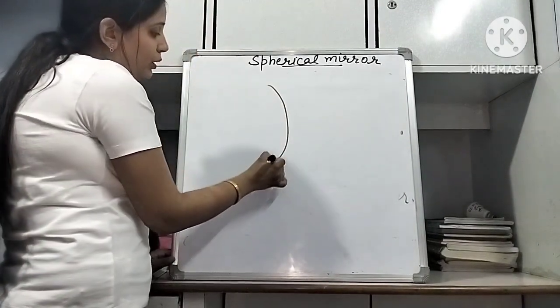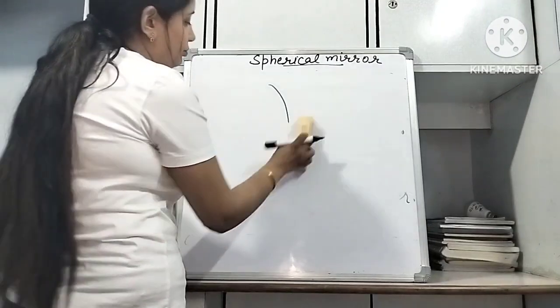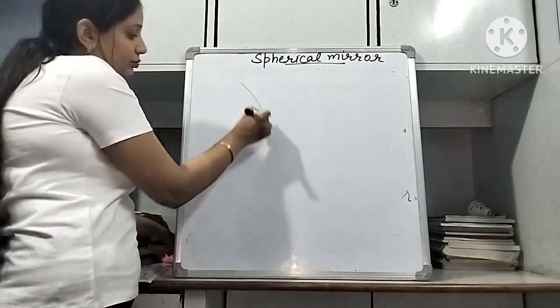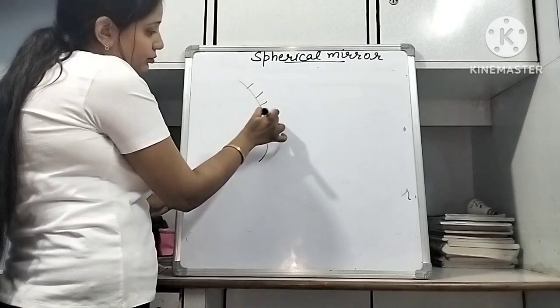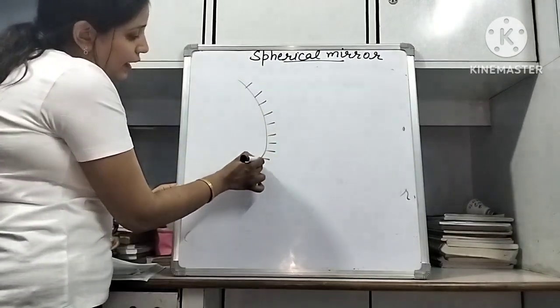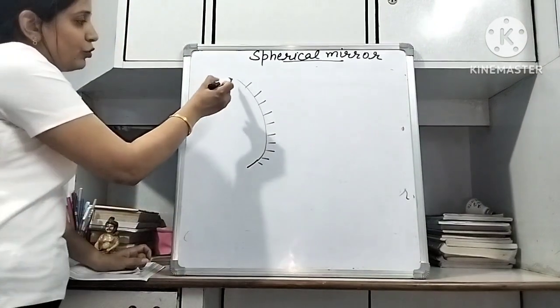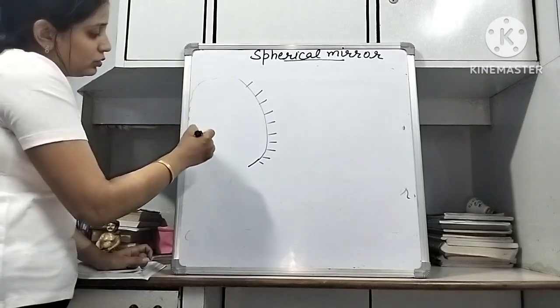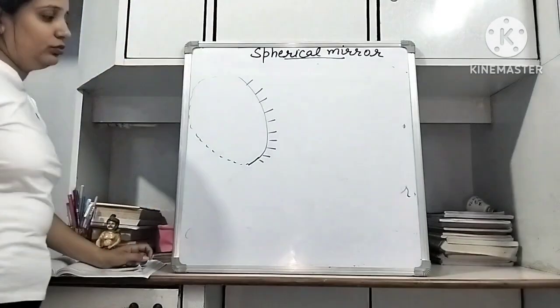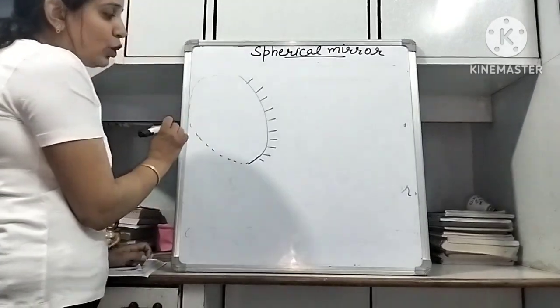This is the concave mirror, and this concave mirror is made up of this hollow sphere. So what is the center of curvature?